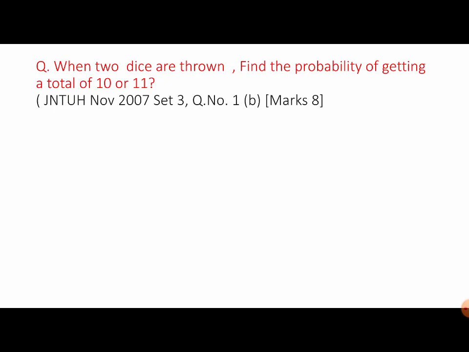First one: when 2 dice are thrown, find the probability of getting a total of 10 or 11. This was asked in a JNTUH university question. First look at the sample space.